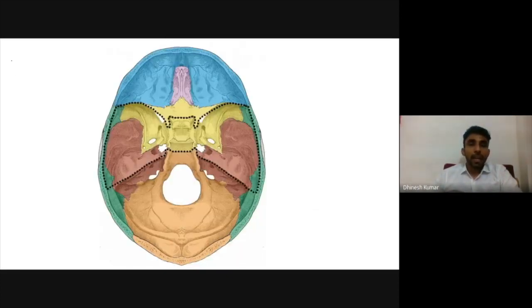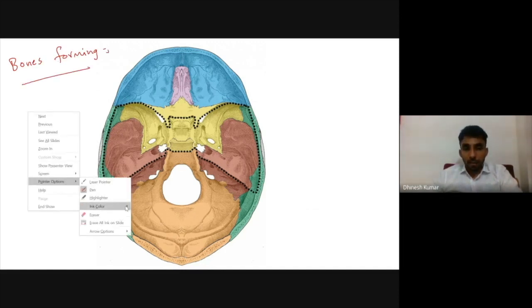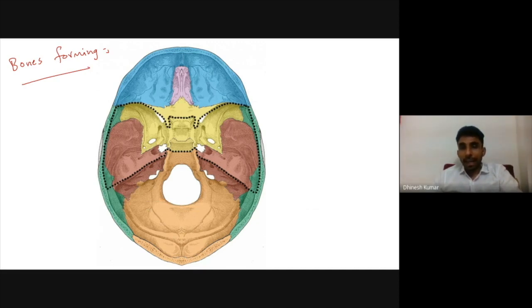Now, this diagram is showing the various bones forming the cranial cavity. What are the various bones forming the cranial cavity? The dotted lines in this diagram indicate the middle cranial fossa, right? So what are the various bones forming the anterior cranial fossa? Do you know the name of the bone I am marking now?